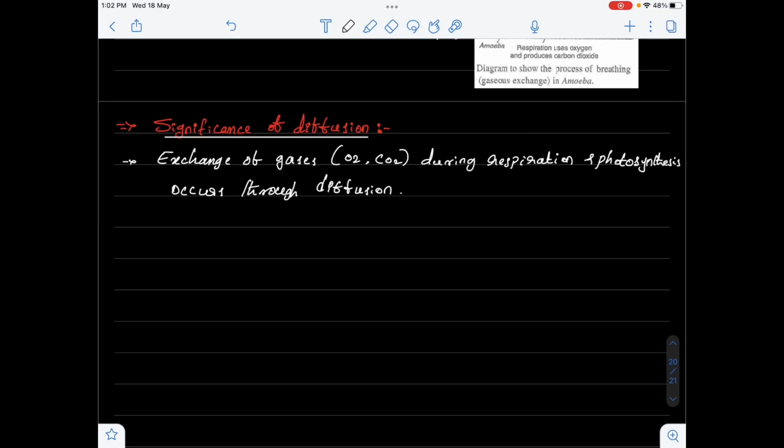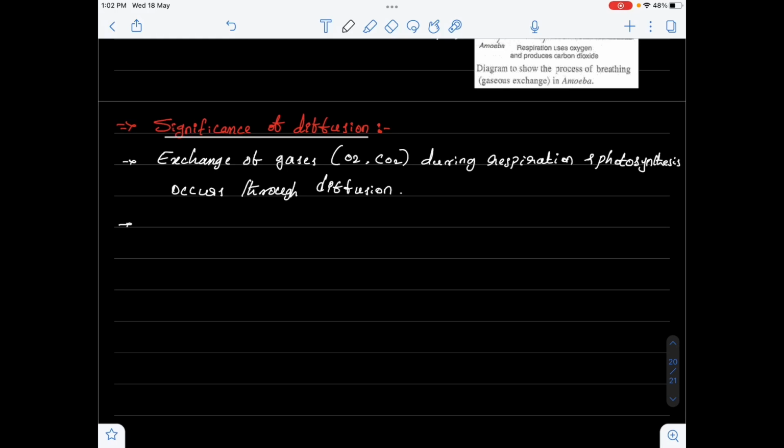This is the significance of diffusion. Here significance means importance of diffusion process. In photosynthesis and respiration, the exchange of gases takes place by the diffusion process.